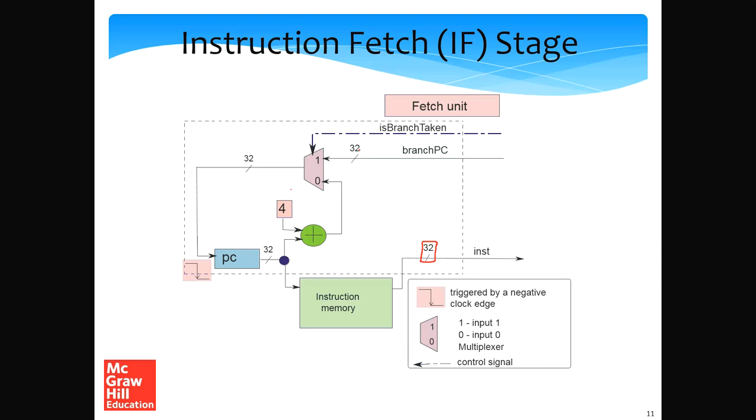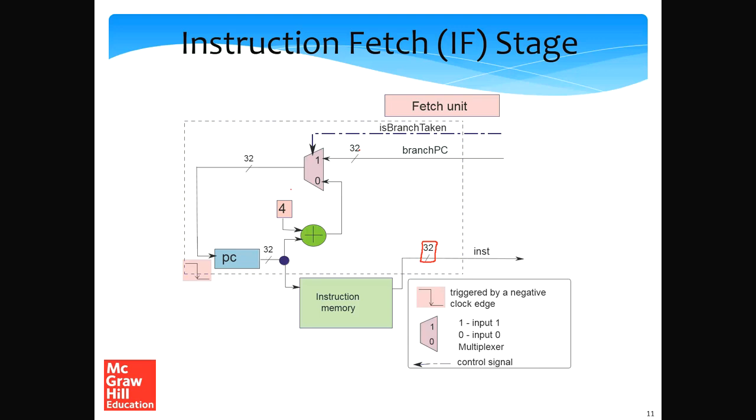If the instruction is a branch, the branch target needs to be chosen, which we are calling the branch PC. Or if it's not a branch, we need to choose the next instruction, which is the current PC address plus 4. The multiplexer will choose one of the addresses depending upon whether the instruction is a taken branch or not.